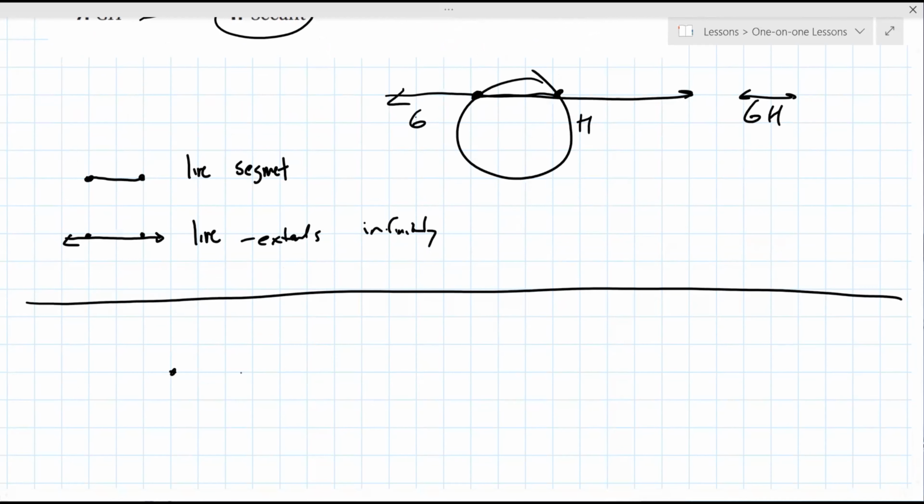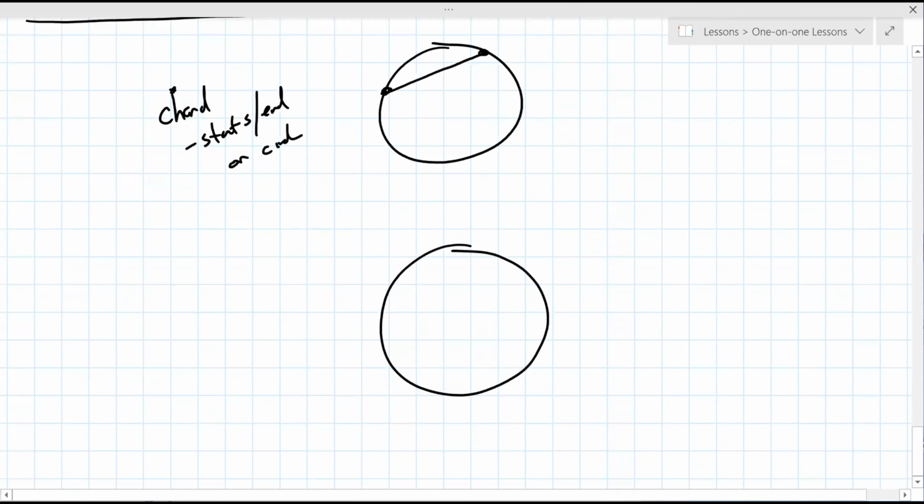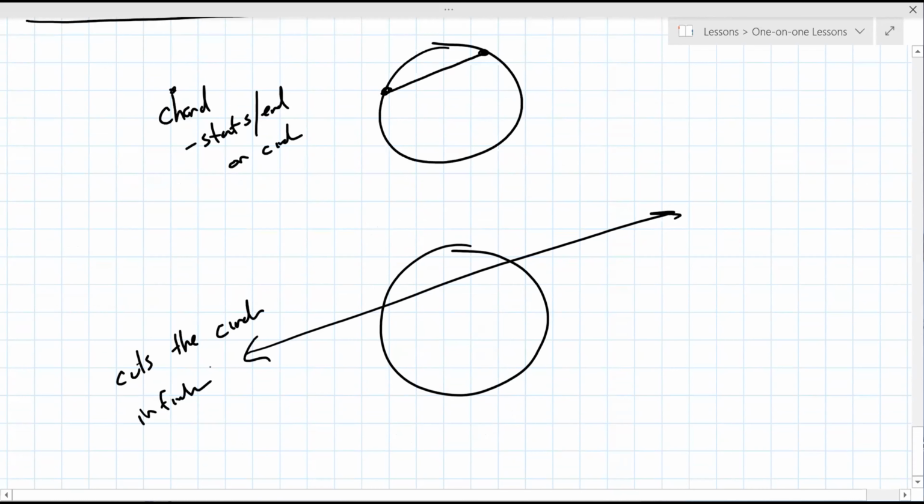The difference between a secant and a chord, though, is that a chord starts and ends on the circle. This is what a chord is. A secant cuts the circle, and it can go on infinitely.